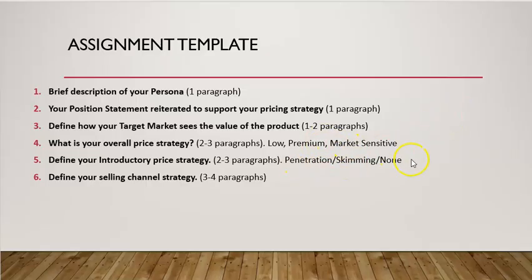That's penetration, skimming, or not doing anything at all. Again, pointing out the pluses and the minuses. How would you apply it? And then also pointing out the pluses and the minuses, and define your selling strategy, and that's selling channel strategy, and you're going to have to reiterate and say what research showed you where your target customer buys, and have that be reflective of your choices of what your channel strategy is.